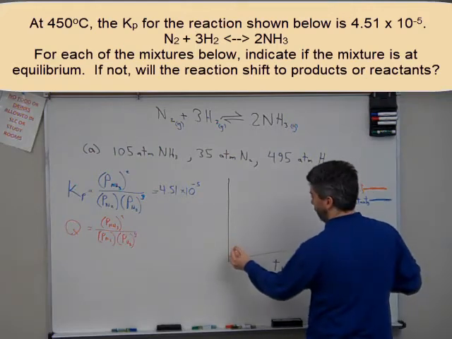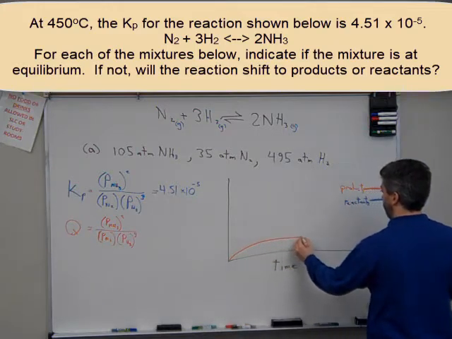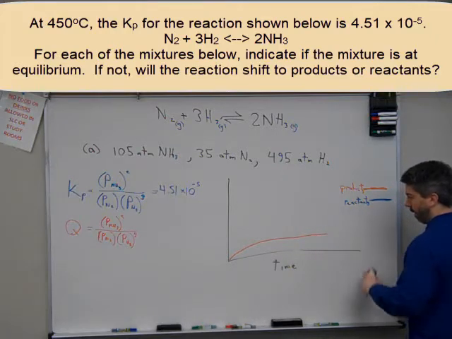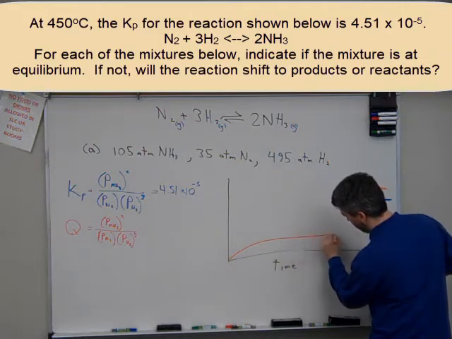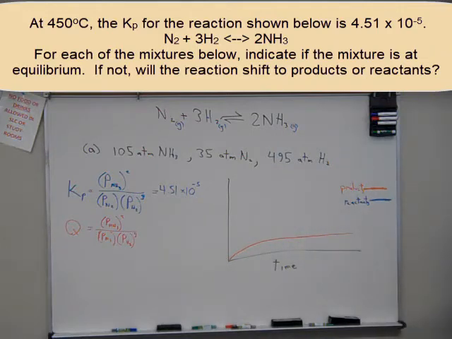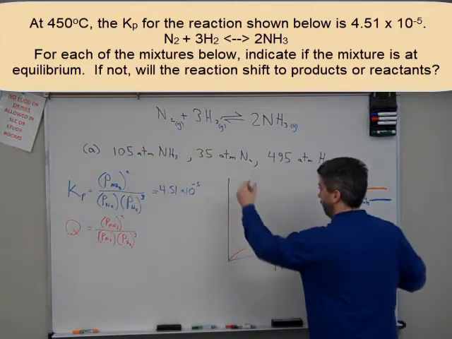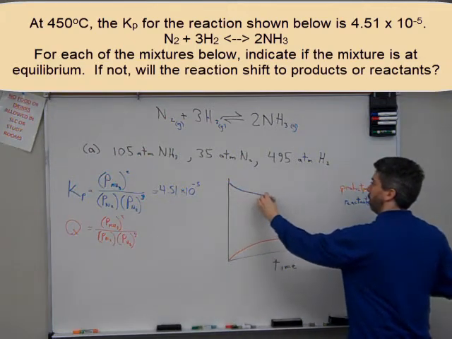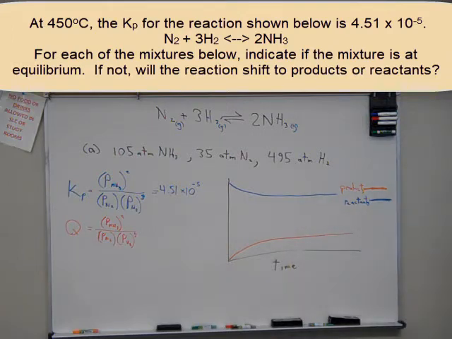If we were to draw a diagram, and this is not to scale, you start with 0 products, it's going to go up, and then it's going to reach a relatively constant value. Your reactant concentrations start up maybe here, and they go down until they're constant.